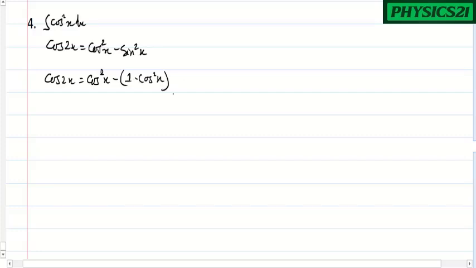We can substitute in place of sin square x, 1 minus cos square x. Simplify it. So we get cos 2x is equal to cos square x minus 1 plus cos square x. So it will be 2 cos square x minus 1.